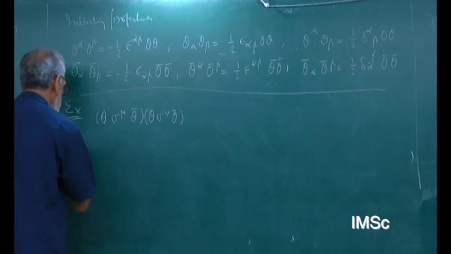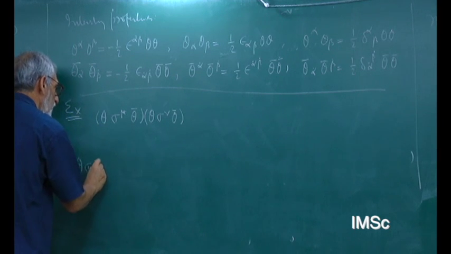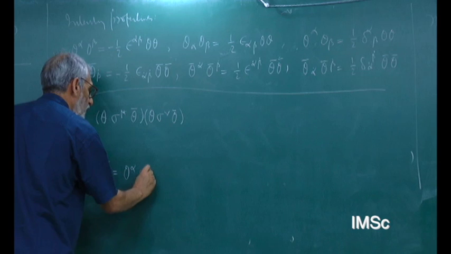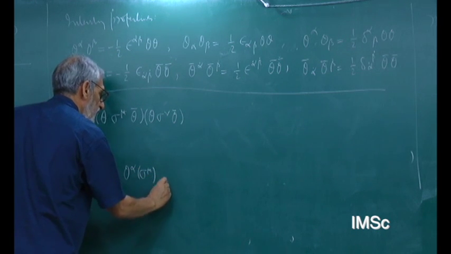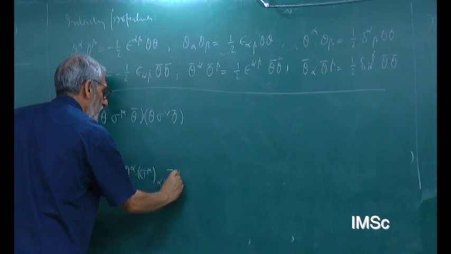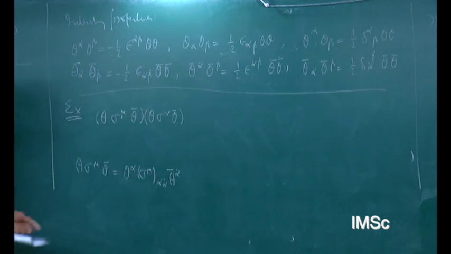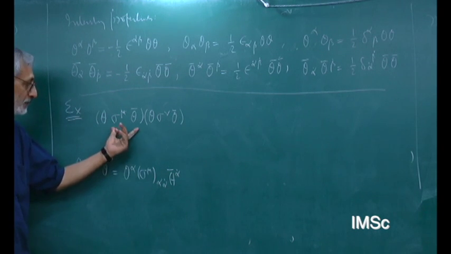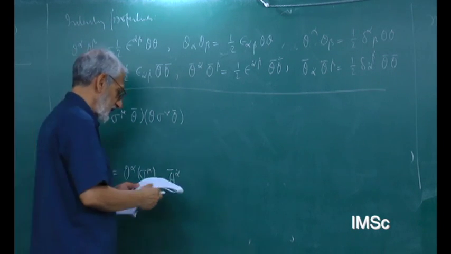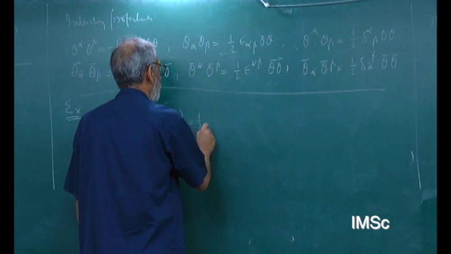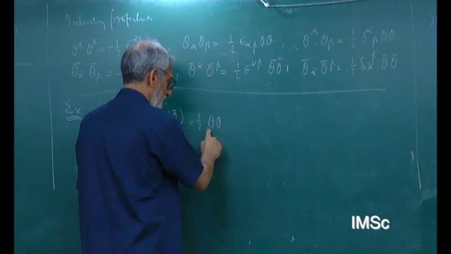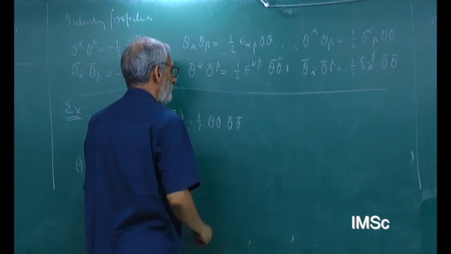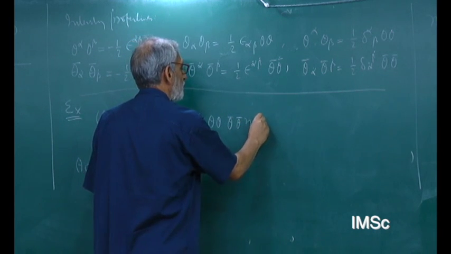See, this object is shorthand for theta sigma mu theta bar, which is theta alpha sigma mu alpha alpha dot theta bar alpha dot. This object is the shorthand for this. This object is the same as 1/2 theta theta, theta bar theta bar times eta mu nu.